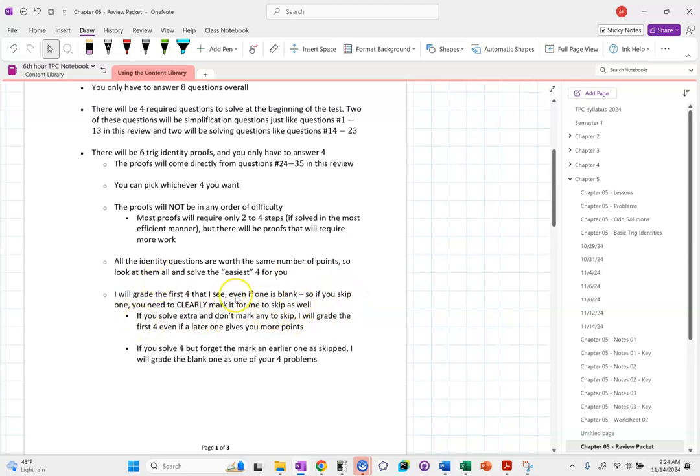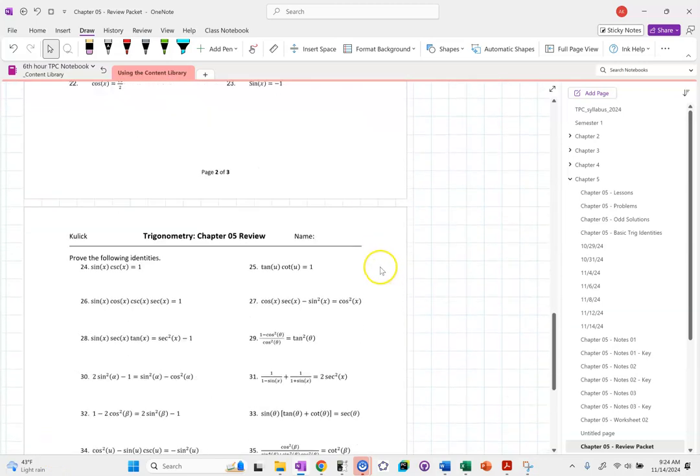So if you are skipping something, you need to mark that you're skipping it, like put a big ol' X through the entire problem. Don't be shy, use that pencil lead, cross out the whole thing, let it be no question that you don't want me to grade that one.